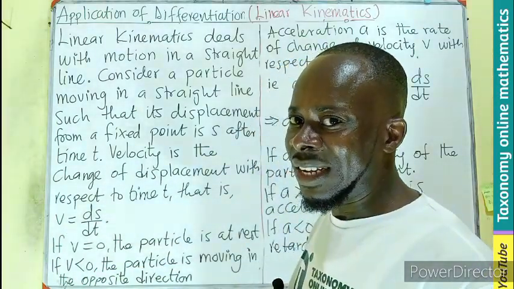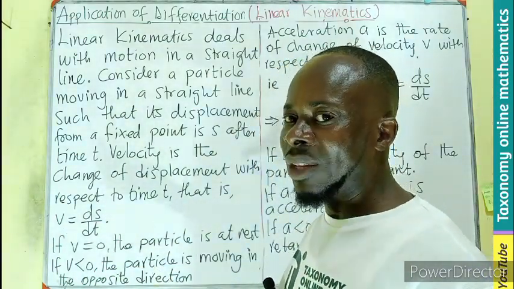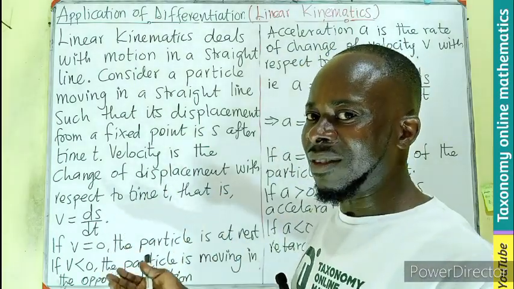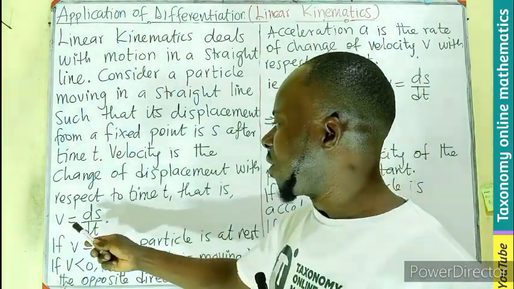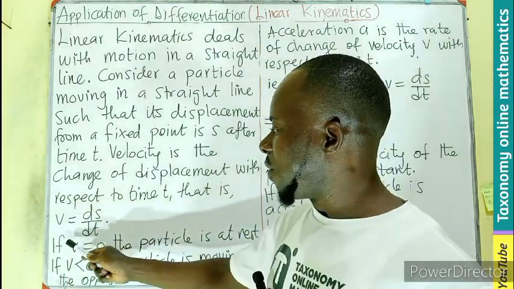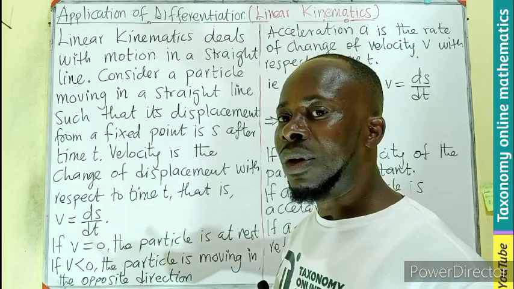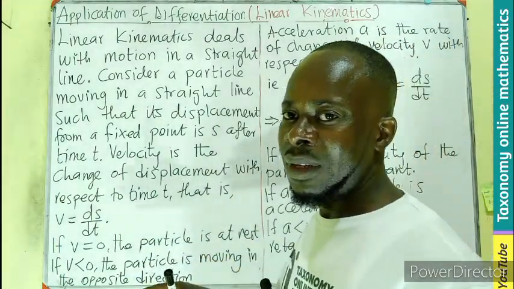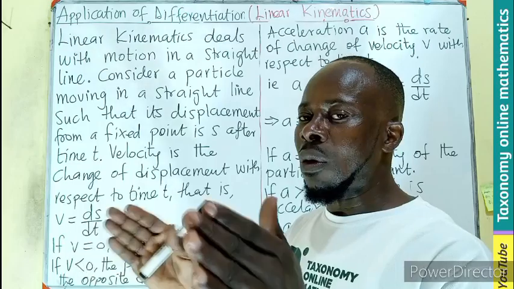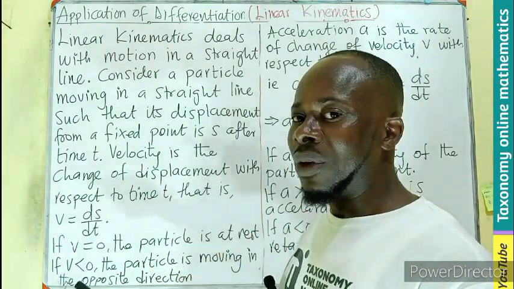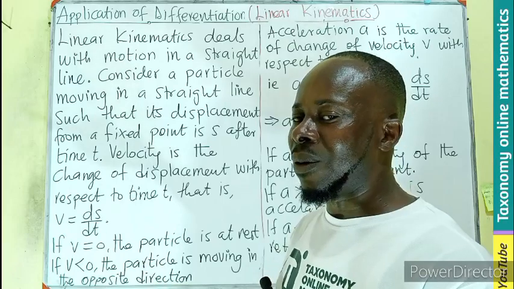Remember your physics lesson. Velocity is displacement over time. So if you find the rate of change of the distance with respect to time, you are referring to the velocity. Now, if your velocity calculation gives you 0, it means that the particle is at rest. Before you can get 0, it means your displacement must be 0.